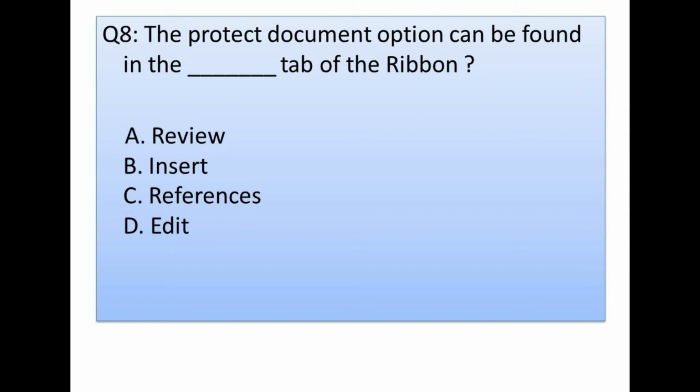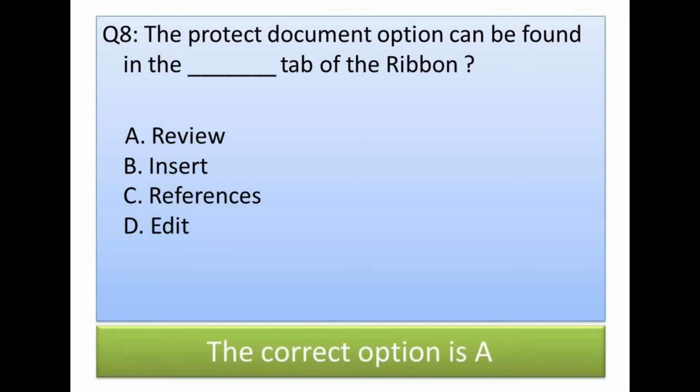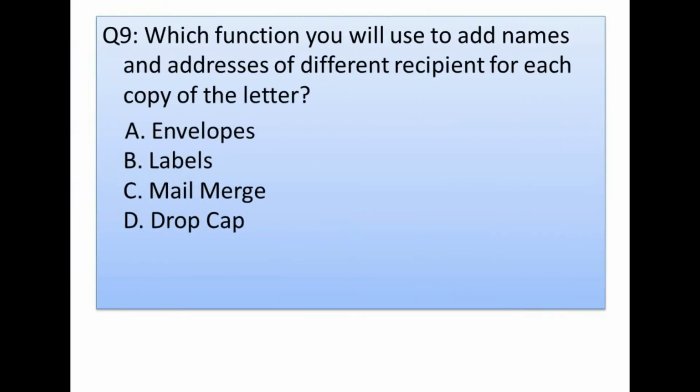The Protect document options can be found in the dash tab of the ribbon: Review, Insert, References, Edit. So the correct option is A. Which function will you use to add names and addresses of different recipients for each copy of the letter?